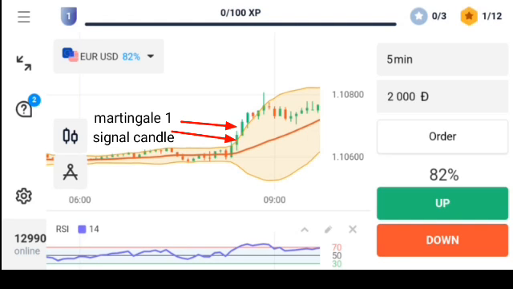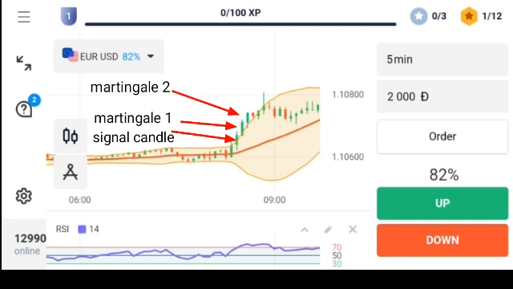If the one you doubled was unsuccessful too, you double the third one. But please do not martingale more than 3 times.